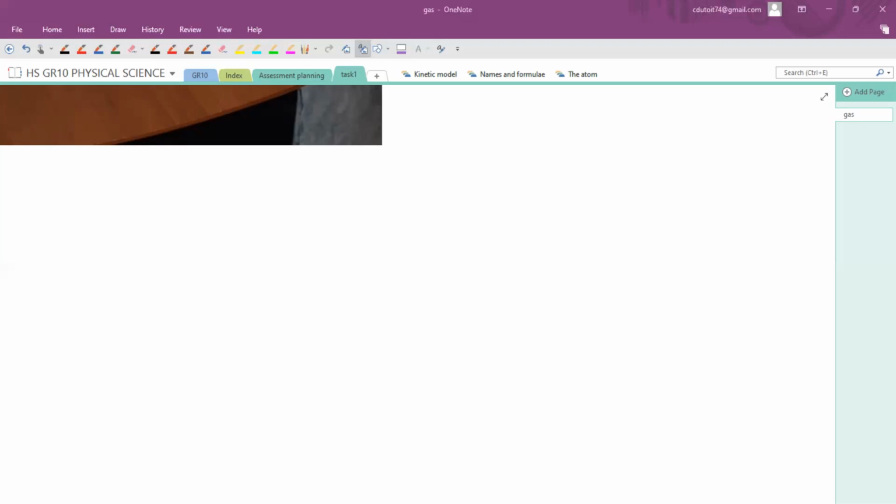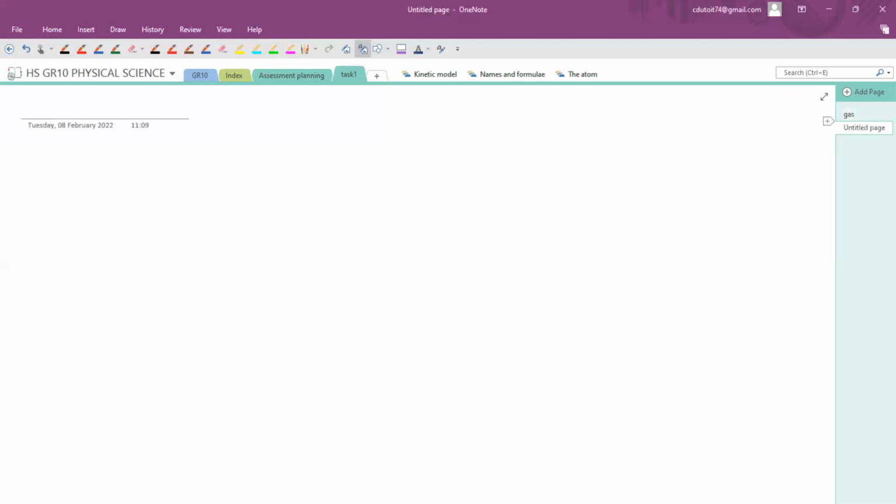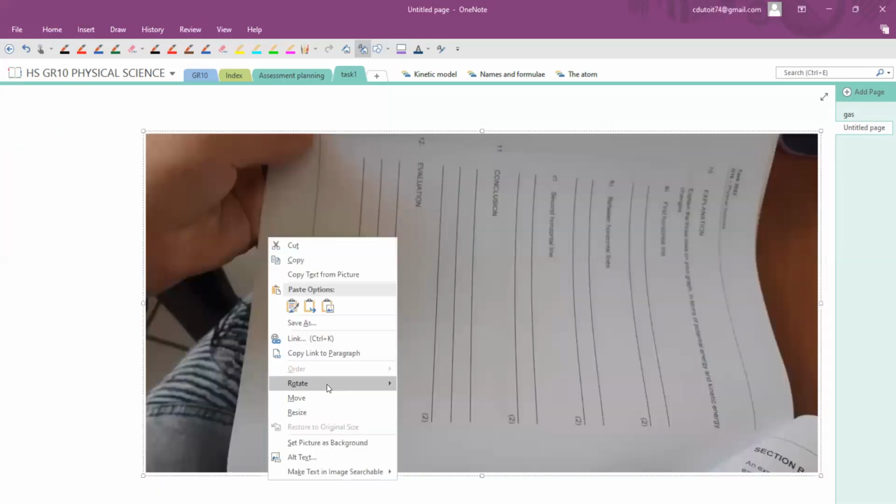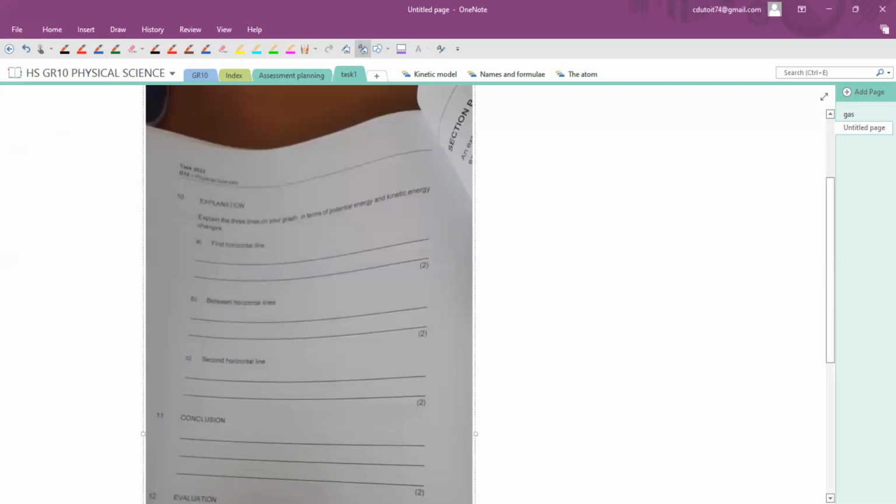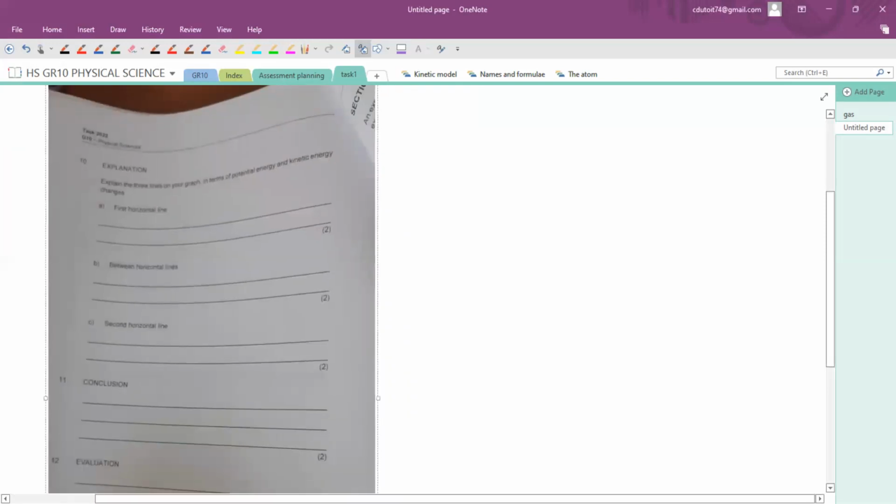Do you have the experiment in front of you? Yes, sir. Do you mind if we don't do the first page first, because I can't find the second page, to be honest. Okay, I'll just do the next page sent to me. Explain the 3 lines on your graph. Is this the next page?